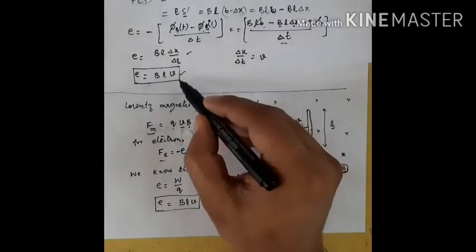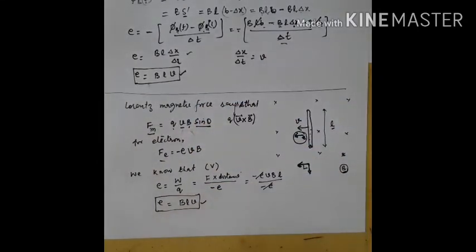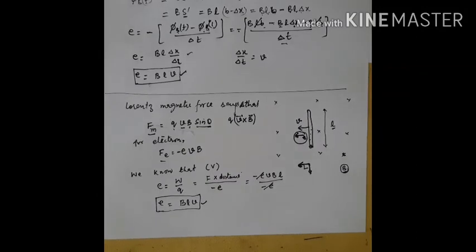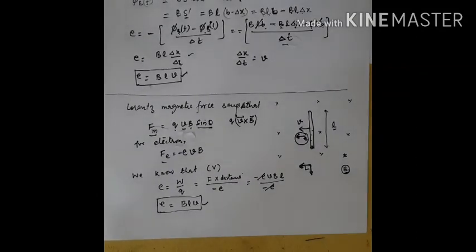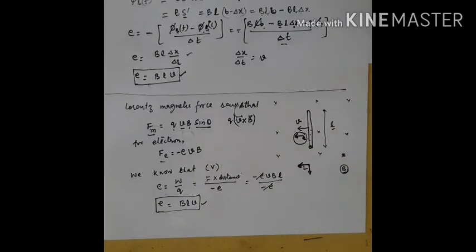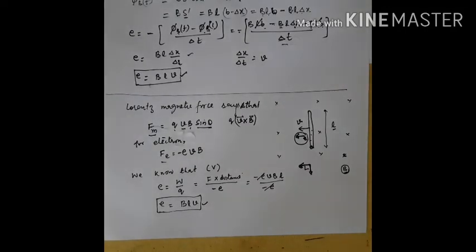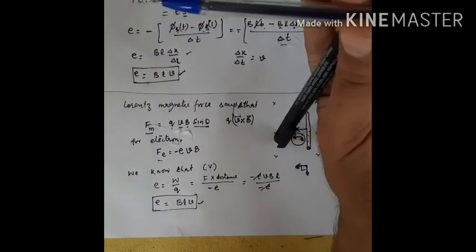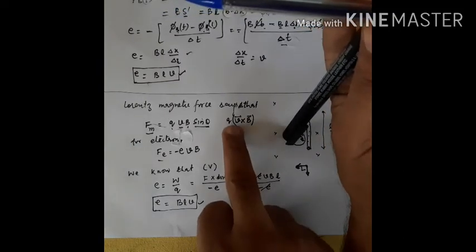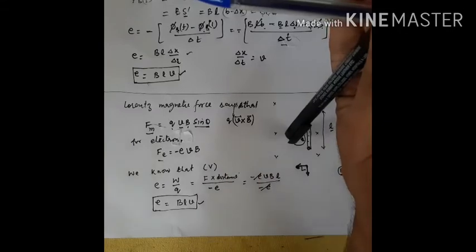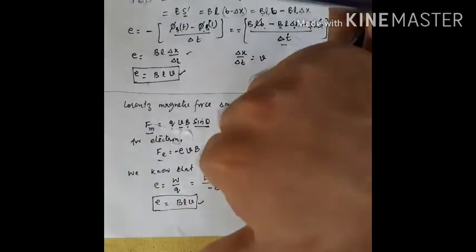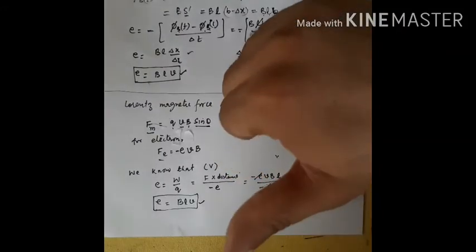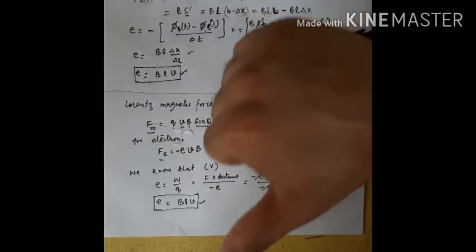If you see the previous result, it is found to have the same value. So the real picture of Faraday's law is nothing different. Now I want to calculate in which direction the electron will move. If the blue pen represents the direction of motion of the electron and the black pen represents the direction of the magnetic field, the cross product says rotate your fingers from velocity to magnetic field. The thumb represents the direction of force.